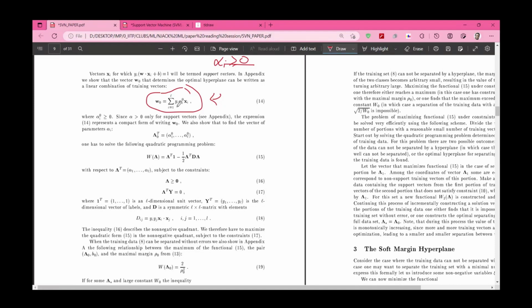The w naught, which is the weight of the hyperplane, comes from the linear combination of xi's, and these xi's are only of the support vectors, and all others are zero because alpha i's are zero for all others. That is why I said it is a linear combination of the support vectors rather than all of the vectors.